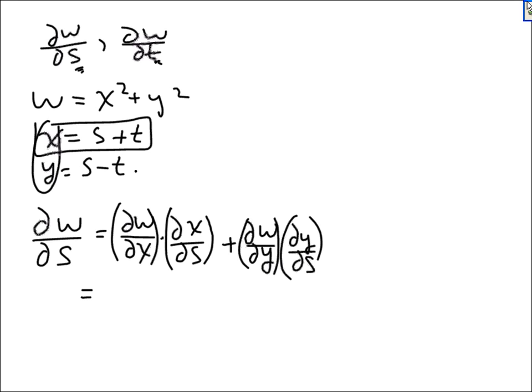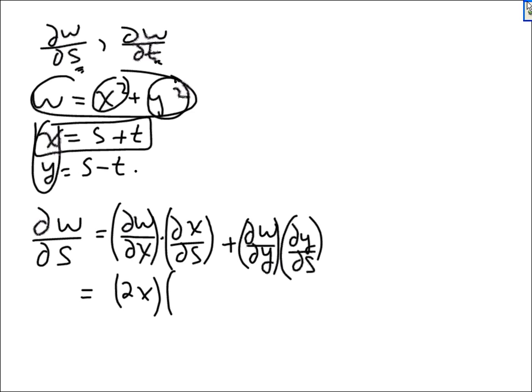Partial w with respect to x. With respect to x, the derivative of x squared is 2x, plus y squared is the constant, so its derivative is 0. 2x plus 0 is just 2x times dx ds. The derivative of this, just in terms of s, is 1.